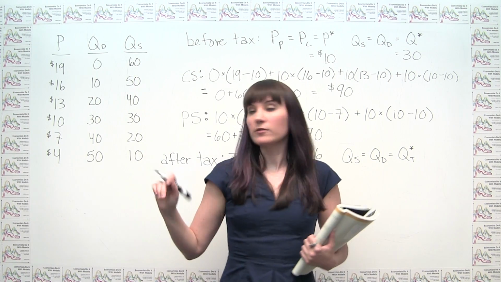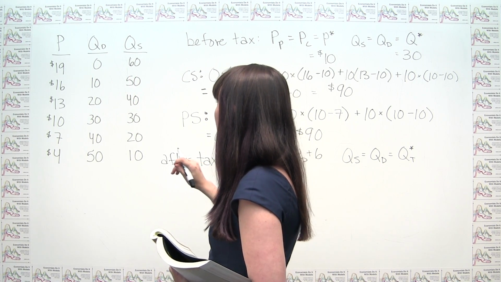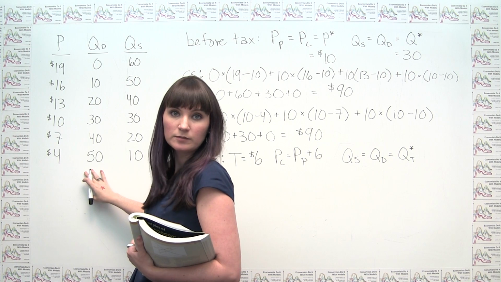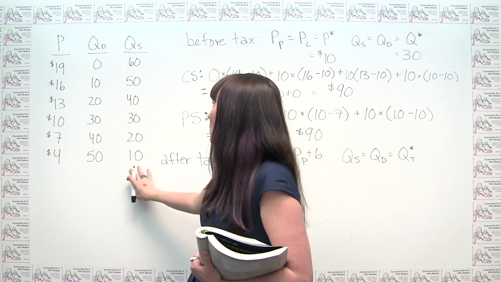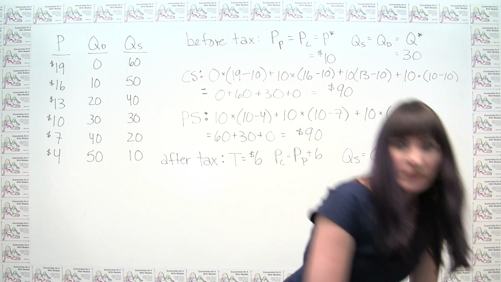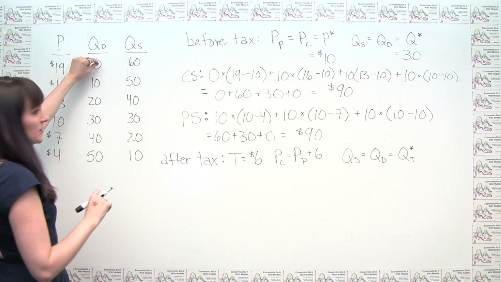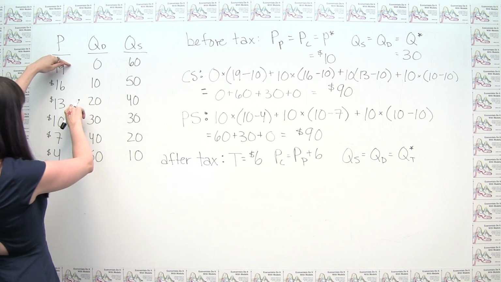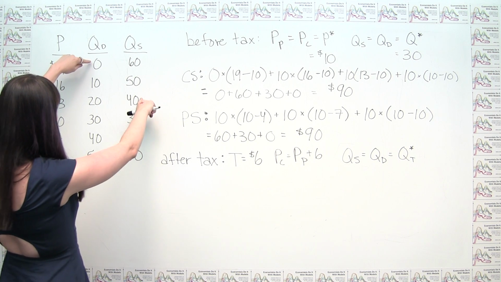We're looking for a price that's $6 higher for the consumer, the demand side of things here, than it is for the producer, the supply side, but where the quantity demanded and quantity supplied are the same. So we need numbers where the price in the demand row, which is 2 rows above the supply row, is off by $6. So we could say, do things line up here? Do they line up here?